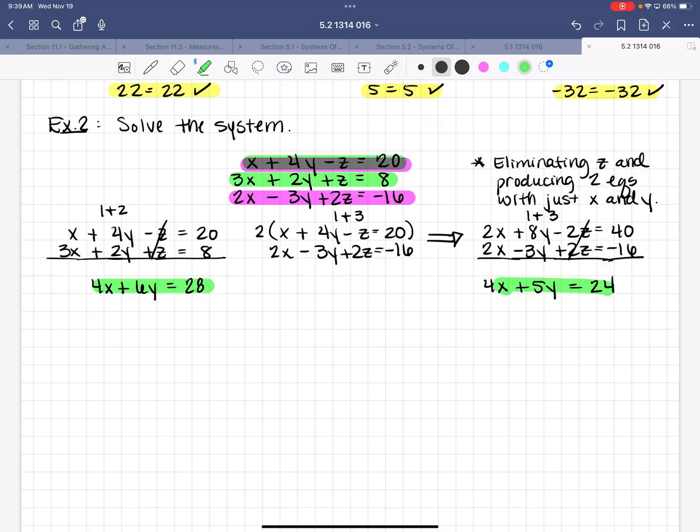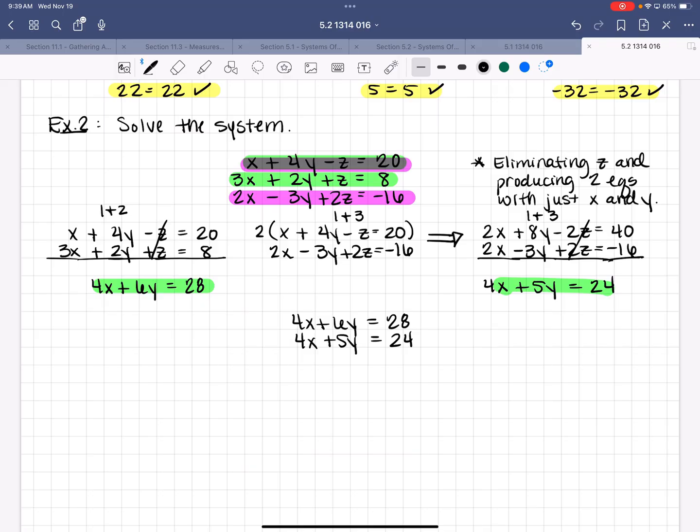That's what you've been doing. So I'm going to take those two, 4x plus 6y equals 28, and 4x plus 5y equals 24, and I'm going to get rid of something. Who's the easiest thing to get rid of there? The 4s, those x's, right?